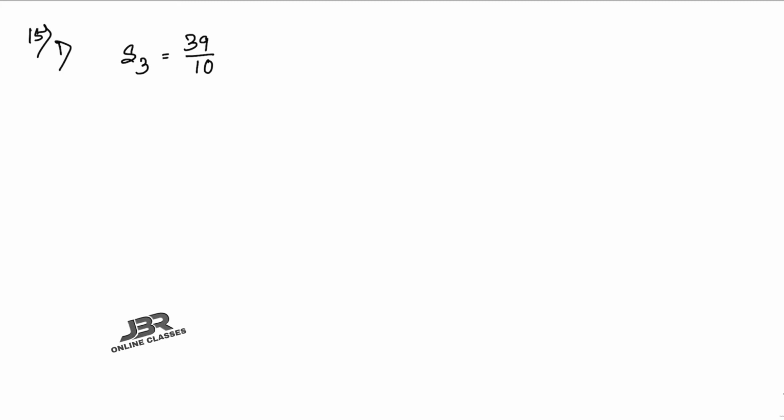Okay, so for that kind of problem, S3 equals 39 by 10. So suppose the first term is a, then you know that the second term will be ar, and the third term a r squared. So that equals 39 by 10. And if you multiply all the terms, a into ar into a r squared, that equals 1, because product is 1.